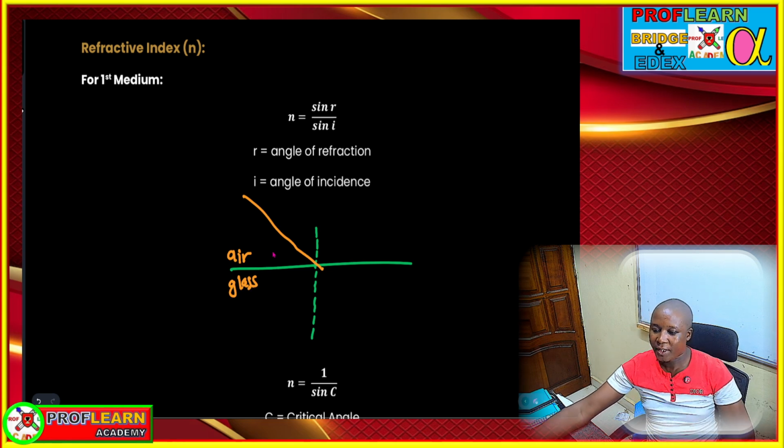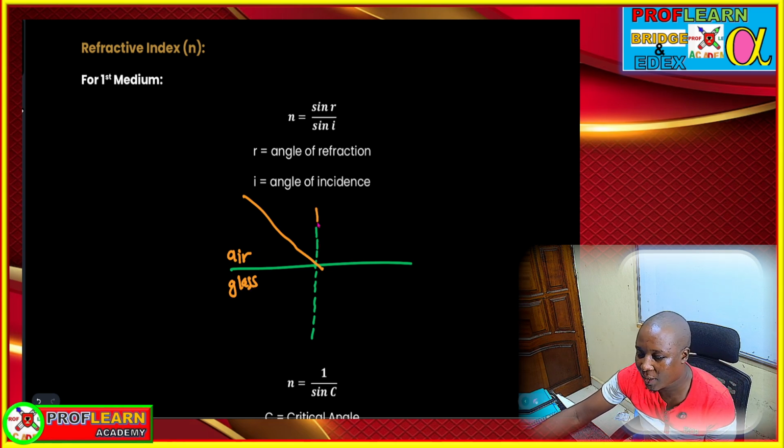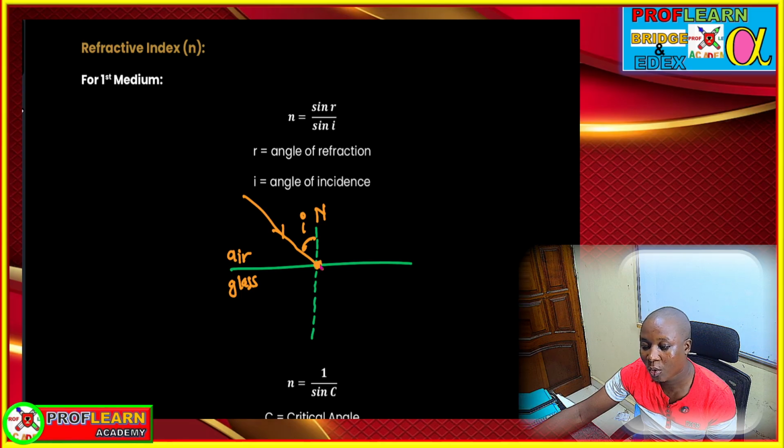This is going to be the normal, and the angle between the normal and the incident ray is the angle of incidence. When the light enters at the boundary, it slows down, because glass is more dense, so it bends towards the normal. The angle we have down here is the angle of refraction.